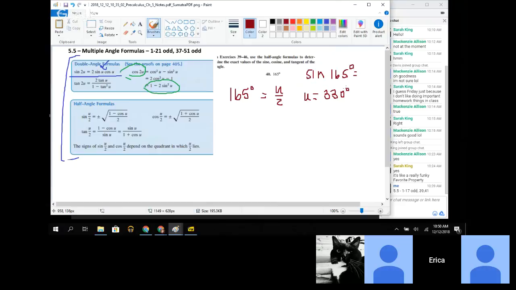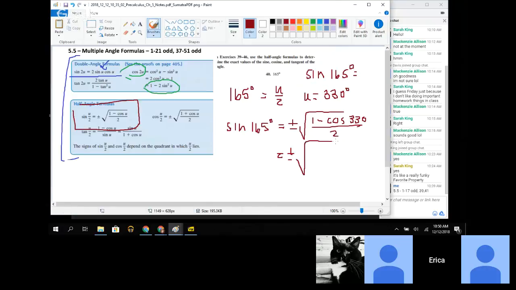Okay, so for example, if I'm finding the sine of 165 degrees, I use this formula. It's plus or minus the square root of 1 minus the cosine of 330 degrees, divided by 2. So it's plus or minus 1 minus the cosine of 330 degrees.